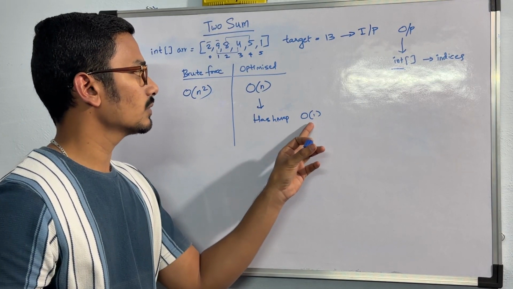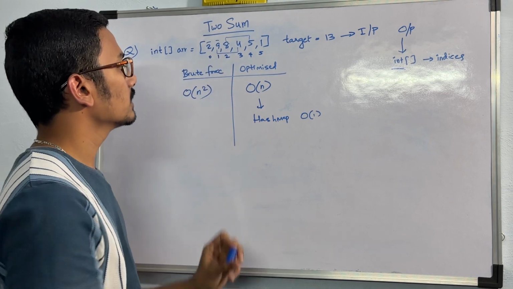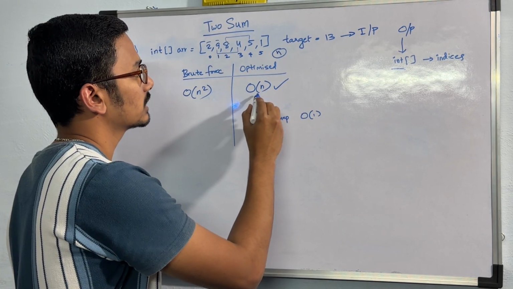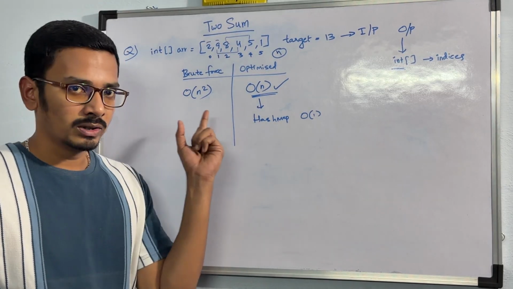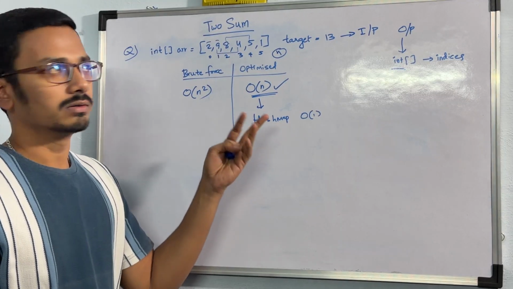As we are doing this for this particular array which is of size n, the optimized complexity will be O of n. So that is the thing. We'll see the pseudocode next, and later on we'll do the dry run for this example.